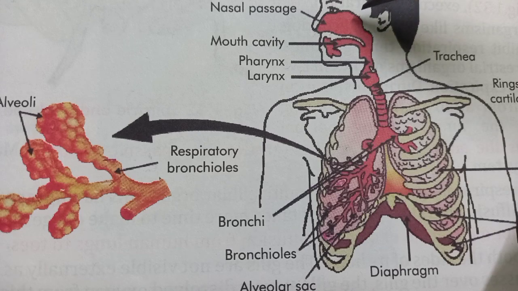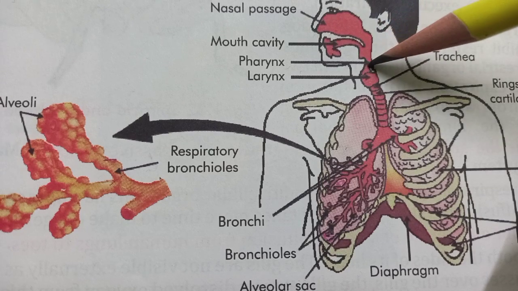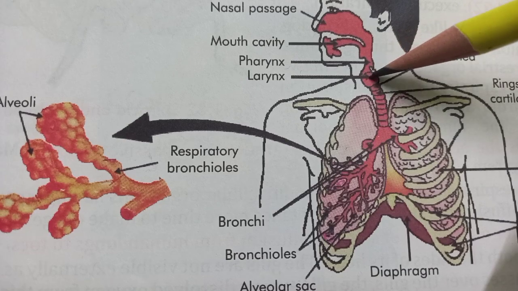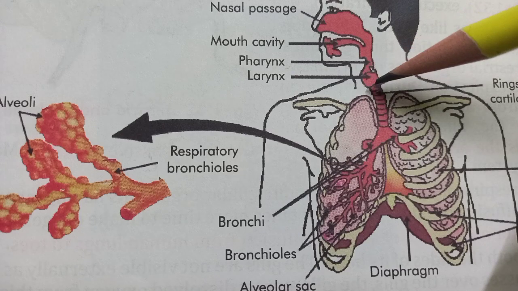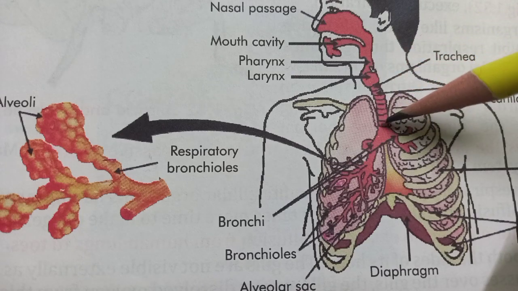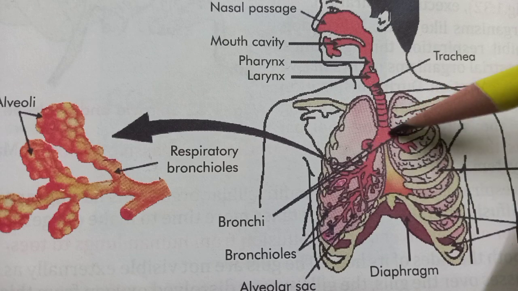Then these nares will open into the laryngopharynx, that is present here. Then to the larynx. Then from the larynx, the next one is the trachea. Then the trachea will bifurcate into two branches, and these are called primary bronchi.